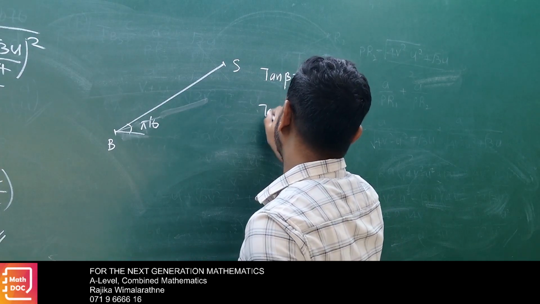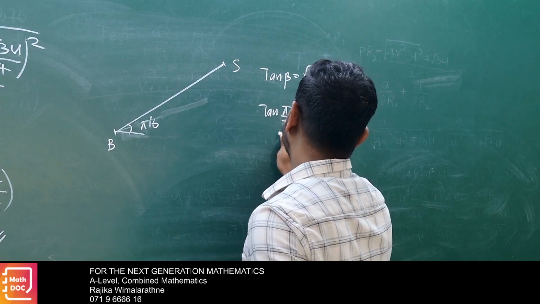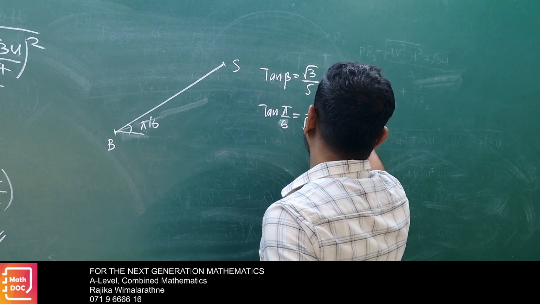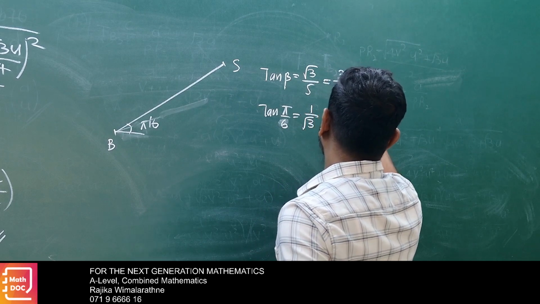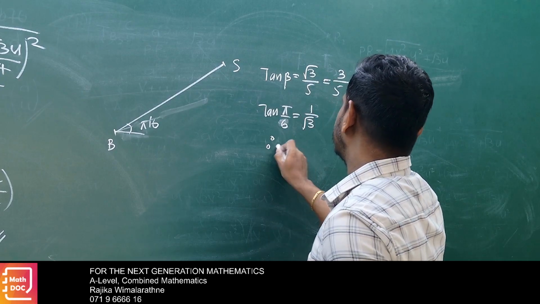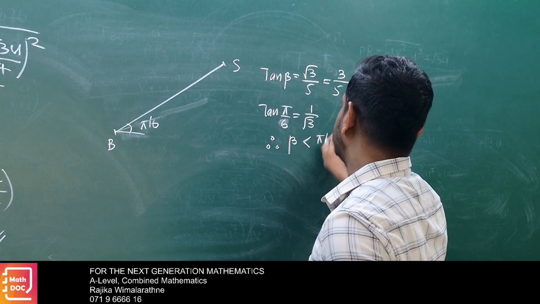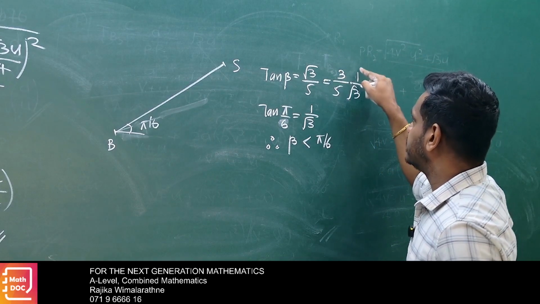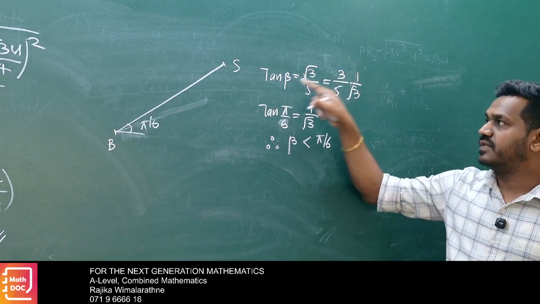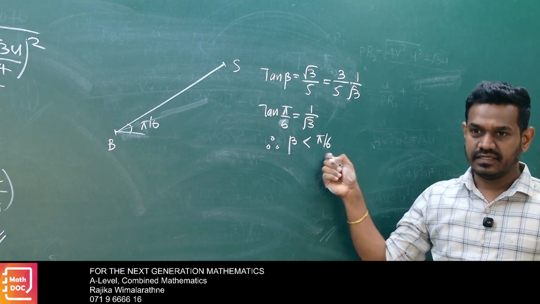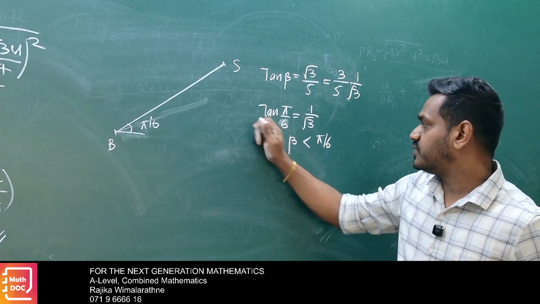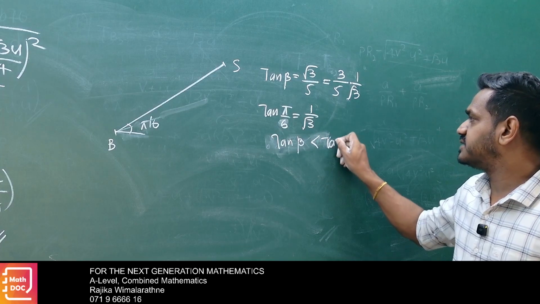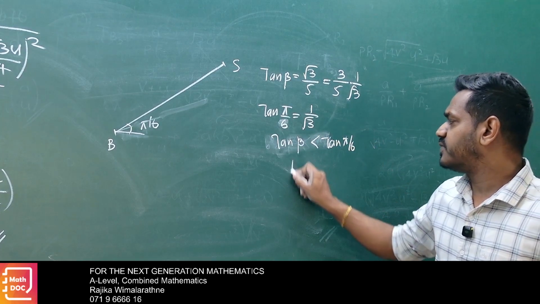Then tan pi over 6 is 1 over root 3. Simplify: 3 over 5 against 1 over root 3. Multiplying root 3 over 5 upstairs and downstairs by root 3 gives 3 over 5 root 3, so tan beta is less than tan pi over 6. Therefore beta is less than pi over 6.